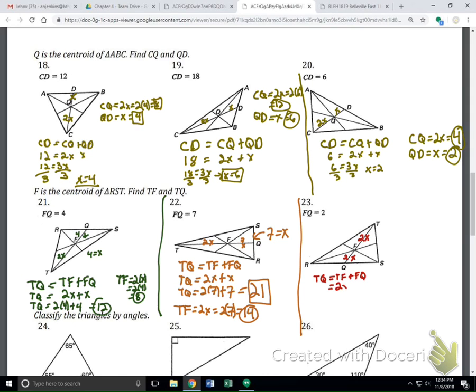We see that TF is 2x plus FQ, which is x. We know that x equals 2 based on this portion right here. So 2 equals x. So I'm going to substitute that in, and I get 2 times 2 plus 2, which is going to give me 6. So TQ equals 6. And then TF equals 2 times 2, which is 4.